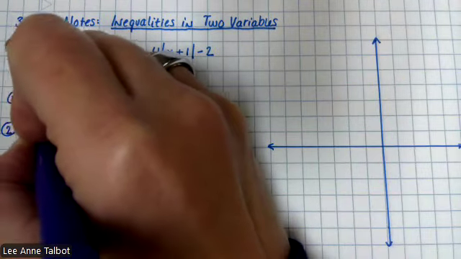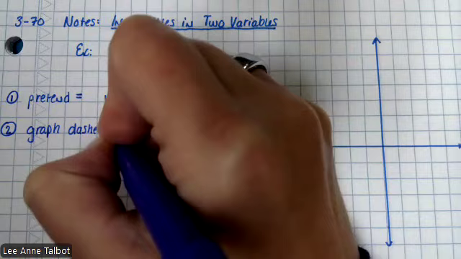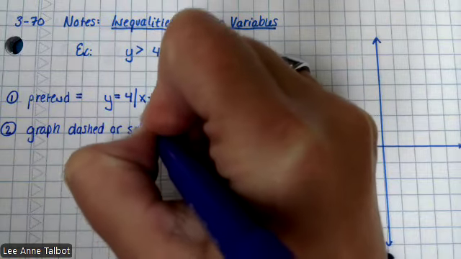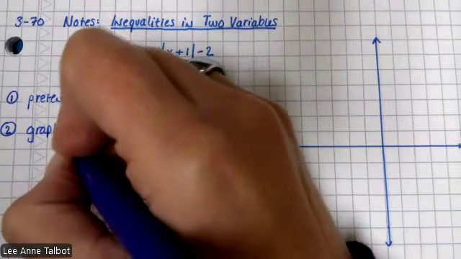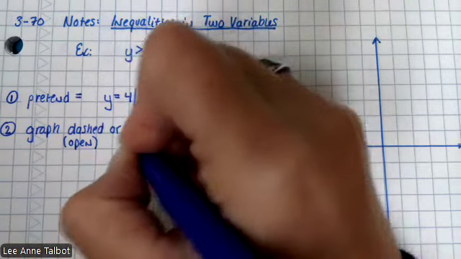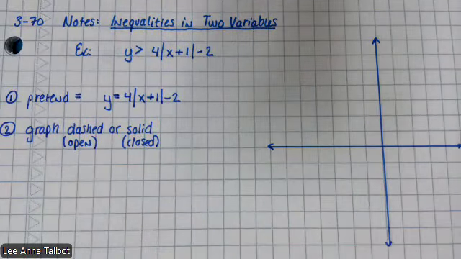Step 2, graph your equation, either dashed or solid. Dashed is open, solid is closed. Should this one be dashed or solid?